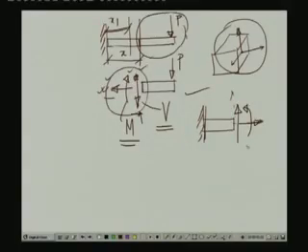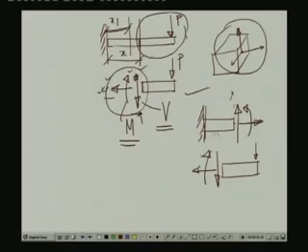When we take the other side, the other part of the beam where we have the load, the corresponding actions which will balance this are the shear force acting downwards, the axial force in the opposite direction, and the moment which was anticlockwise here will be clockwise here.